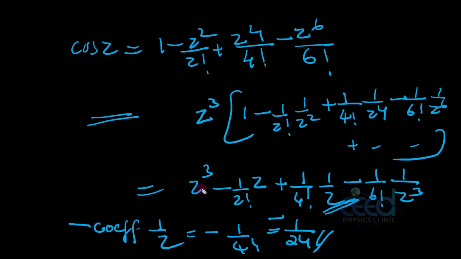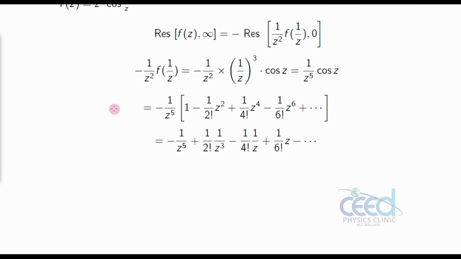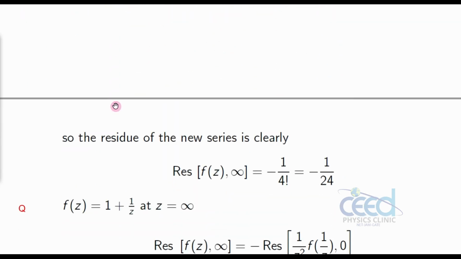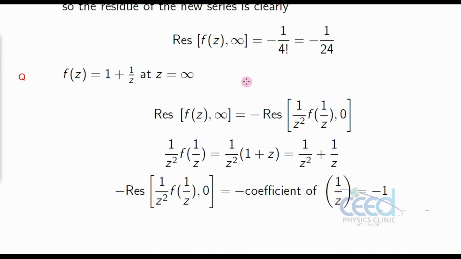So let me go to the answer. Yes, the answer is minus 1 by 24, correct. Now let us have another question. f of z is equal to 1 plus 1 by z at z equal to infinity, right? We want to calculate the residue at infinity.